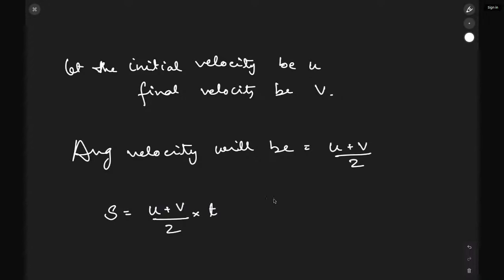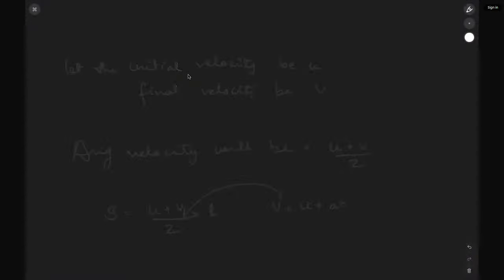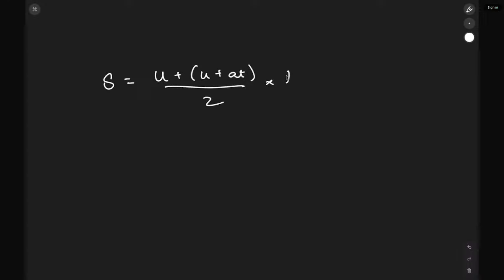If we put v = u + at in this equation, we will get s = (u + (u + at))/2 times t = (2u + at)/2 times t. Now it is nothing but ut + ½at².